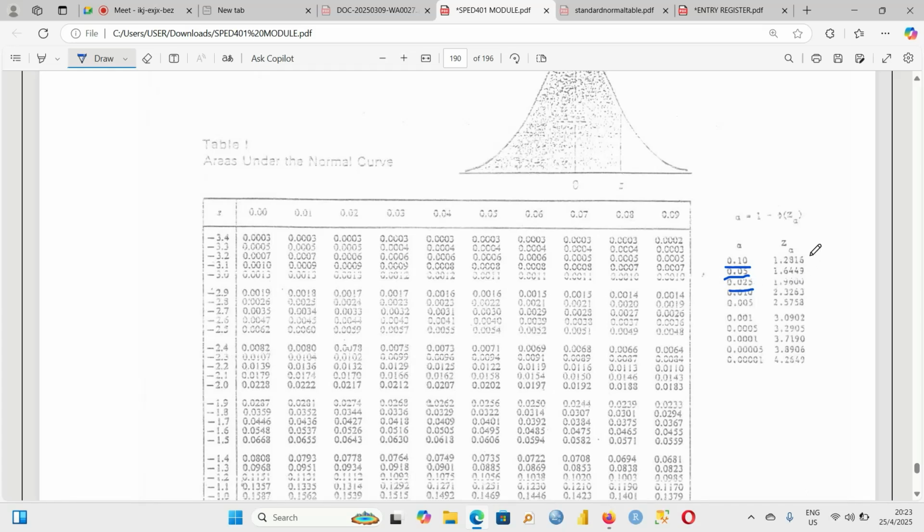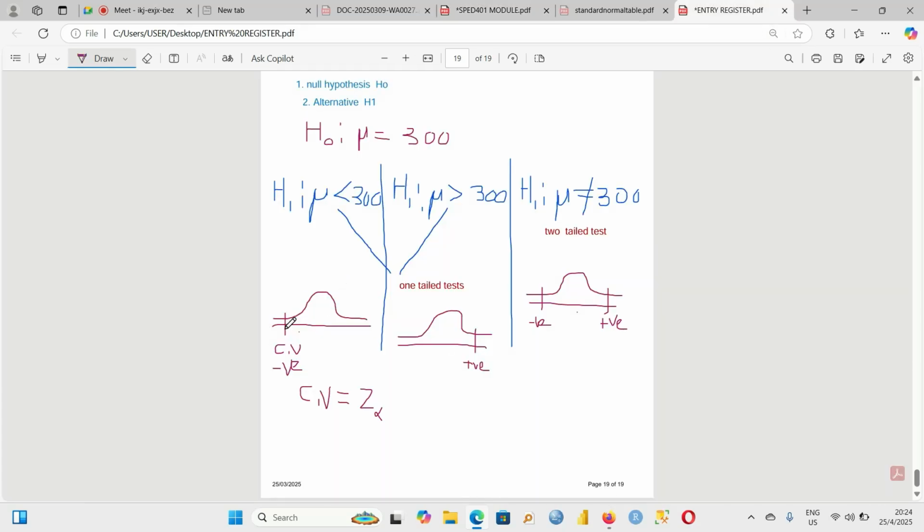So if they say test at 10%, the Z alpha will be 1.2815. That will be my critical value. If it is negative, I put negative 1.28. If it is positive, I put it positive. So the critical value for both lower tailed test and upper tailed test is this Z alpha.